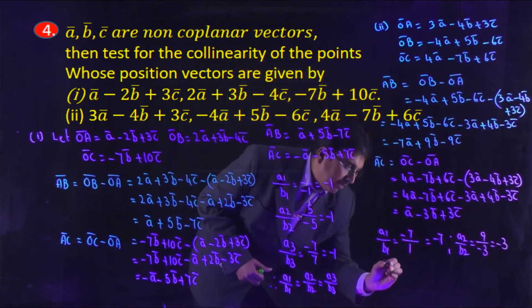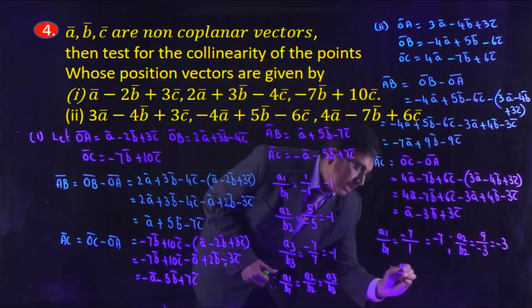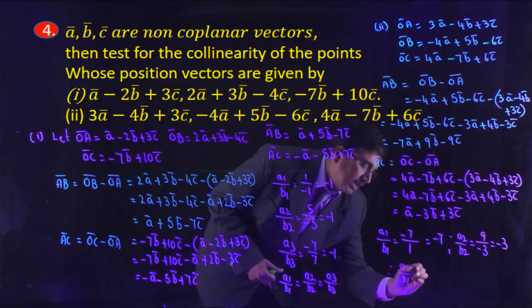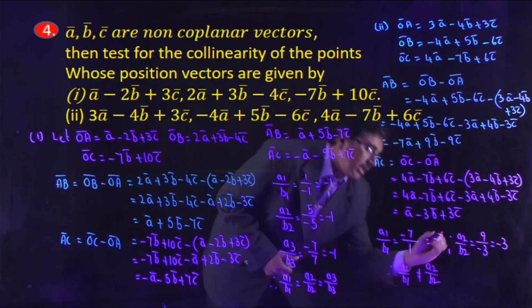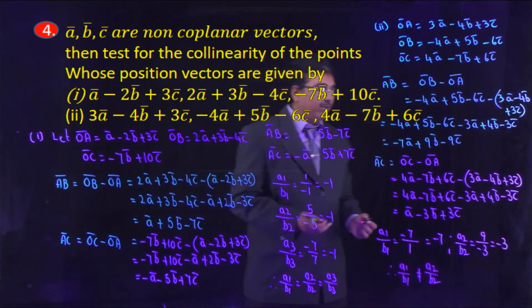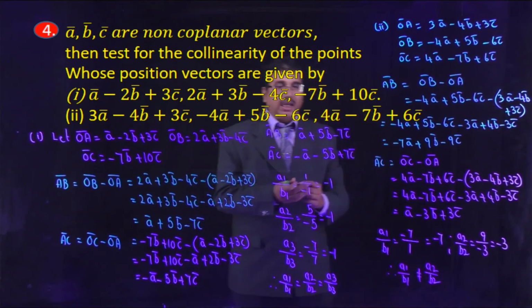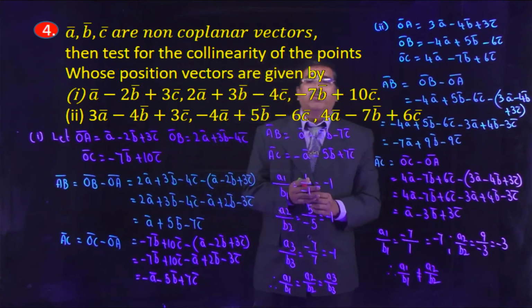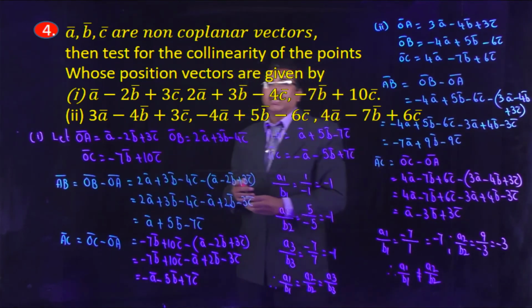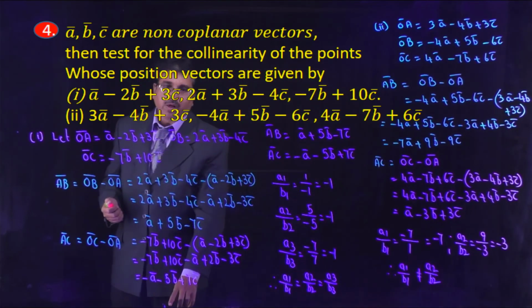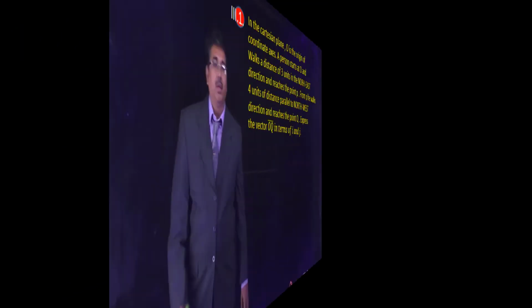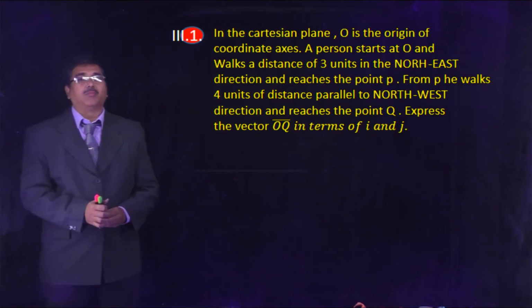Therefore, A1 by B1 is not equal to A2 by B2. Therefore, in this case, the given points are not collinear. Right, let us see the next problem.